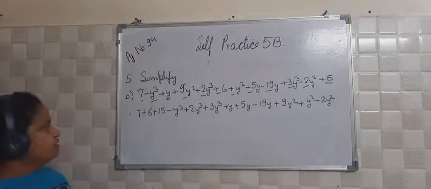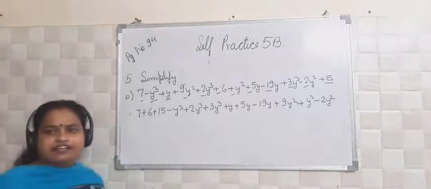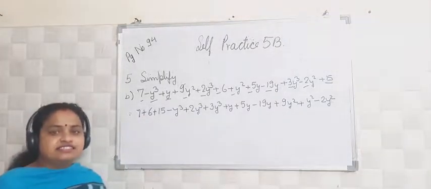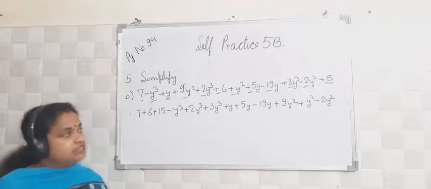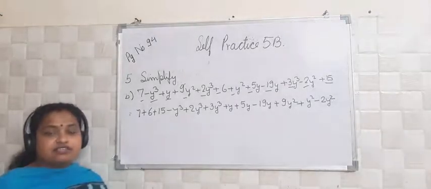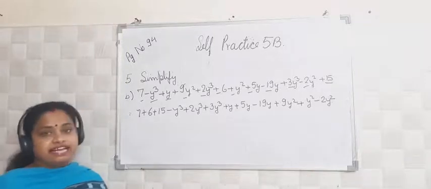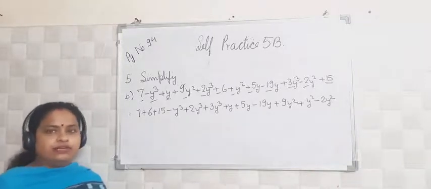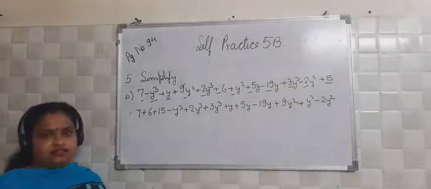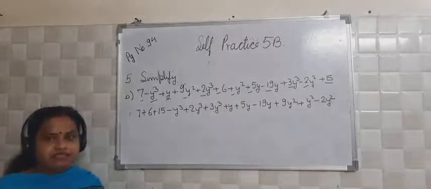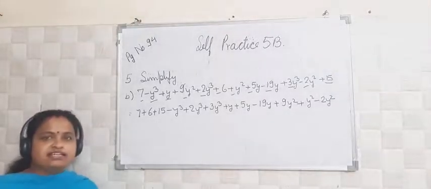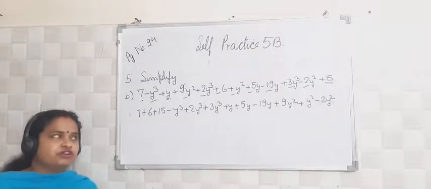Okay, all the words. See, why am I putting a tick? I am putting a tick so that you will not get confused. Sometimes you will think, oh, I forgot that term. When you put a tick, you will see that nothing is being missed here. So that's why I am putting a small tick, so that nothing is missed.